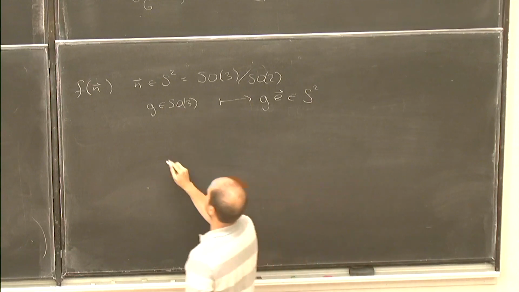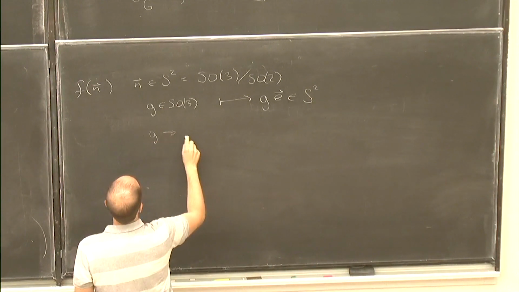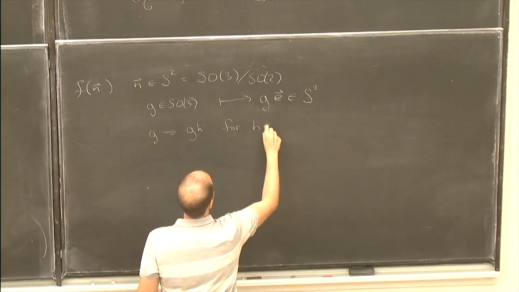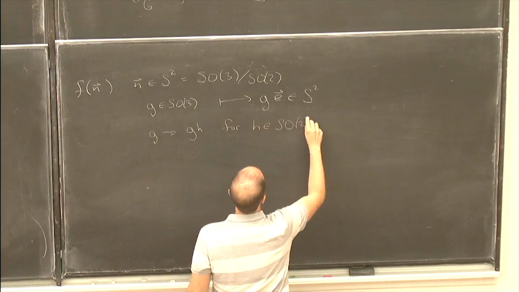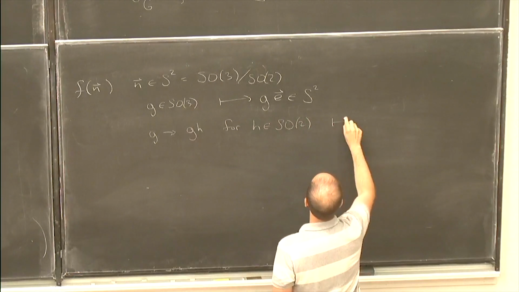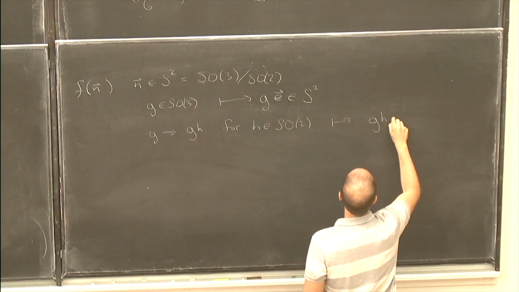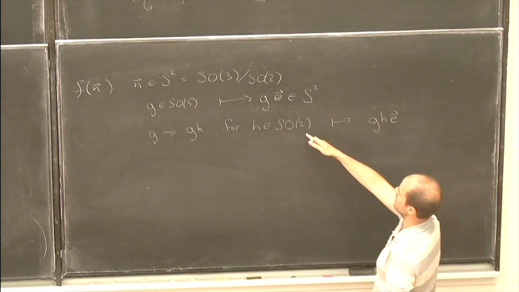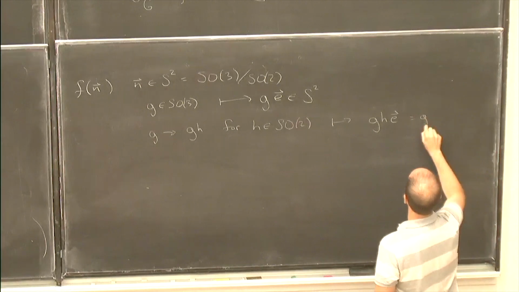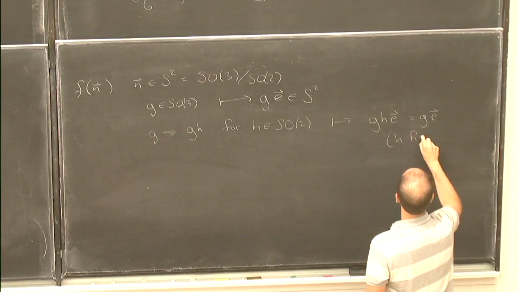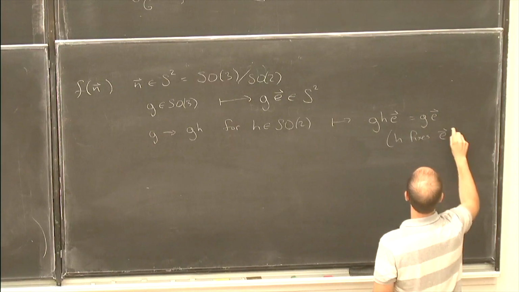Okay, so if I take G and replace it with G times H, where H is in SO2, then on the right-hand side, I get GHE. And specifically, we'll be interested in the SO2 that fixes this unit vector. So this is just G times E. That's because H fixes E.